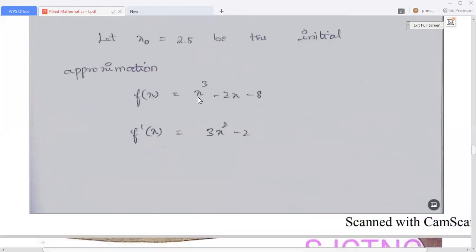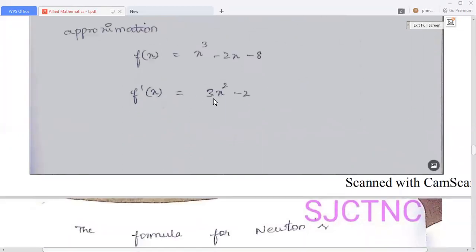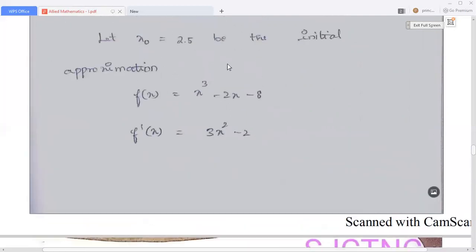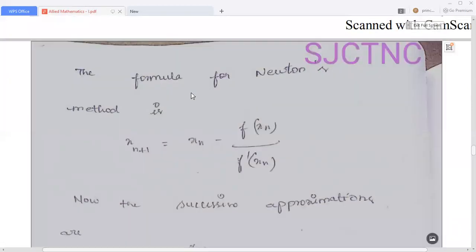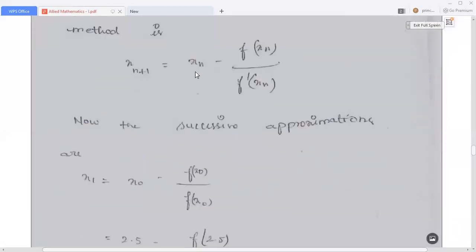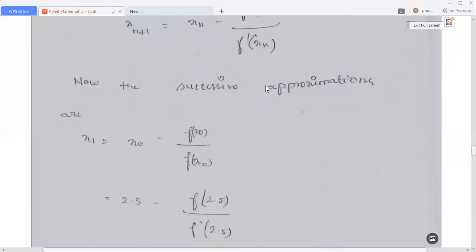Here f of x is x cube minus 2x minus 8. f dash of x is 3x squared minus 2. These two values are to be substituted in Newton's formula. Here the formula for Newton's method is x n plus 1 equal to x n minus f of x n by f dash of x n.